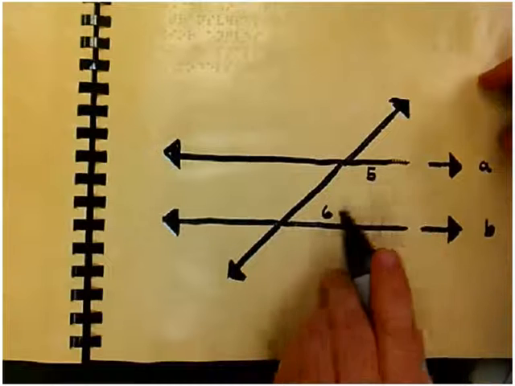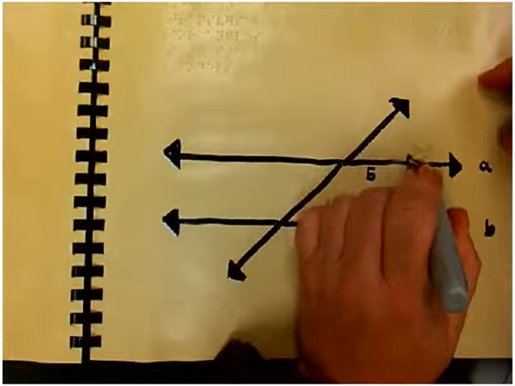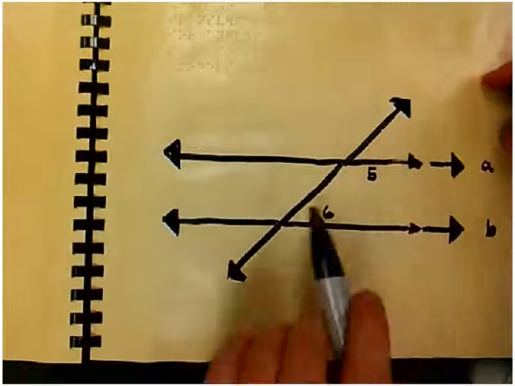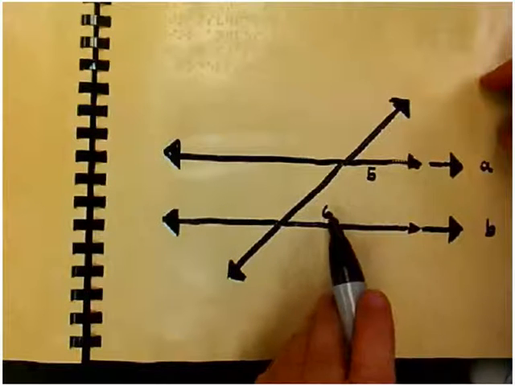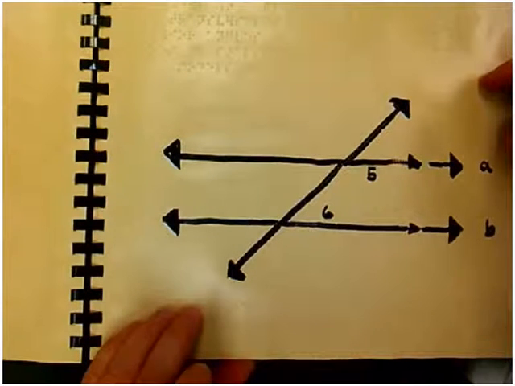Notice they're both on the interior of your parallel lines, A and B, with the same transversal positioned at 2 o'clock to 8 o'clock, and you have angle 5 and angle 6. And then down below, this is where it's very important to read this stuff.